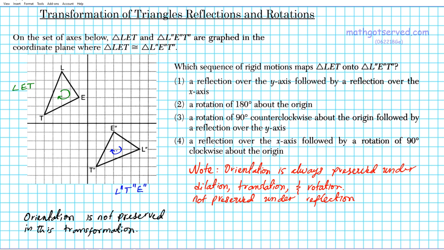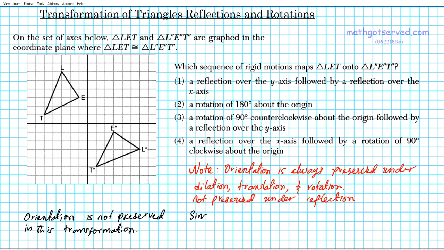So if you take a look at this question, we notice that the orientation is not preserved. That tells us for sure that a reflection must be a component of the transformation that we have here. So in this particular question, let's write that down.